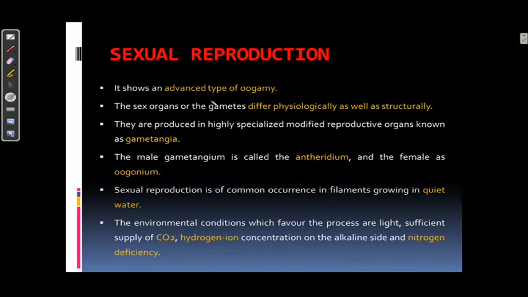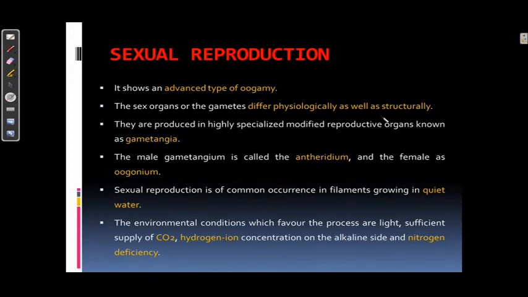The sexual reproduction in Oedogonium shows an advanced type of oogamy. So what is oogamy? The sex organs or the gametes differ physiologically as well as structurally in oogamous condition, where the male gametes are produced in large number, they are small in size, bear flagella, and are motile in nature.